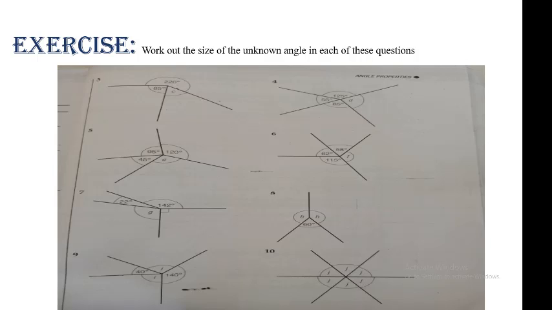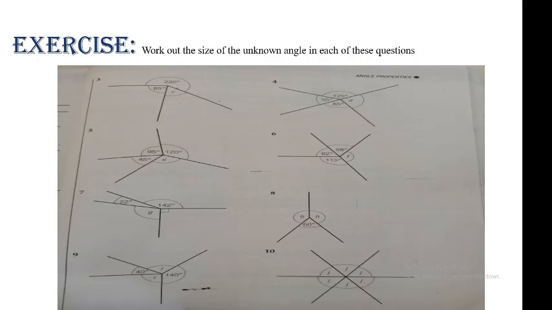So for us to find the size of the unknown angle represented by C, we are going to add 220 and 85 degrees. The answer is subtracted from 360 degrees, so we are going to get the value of C.